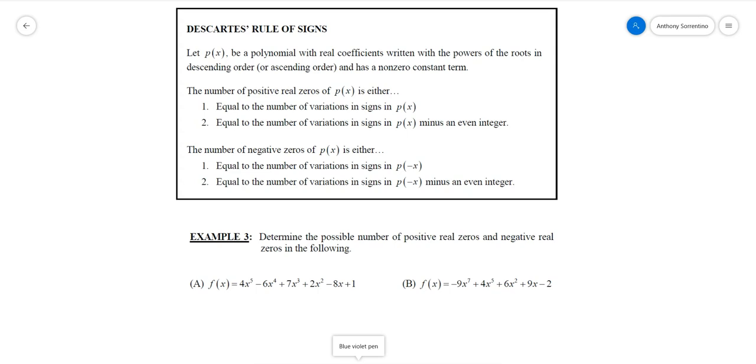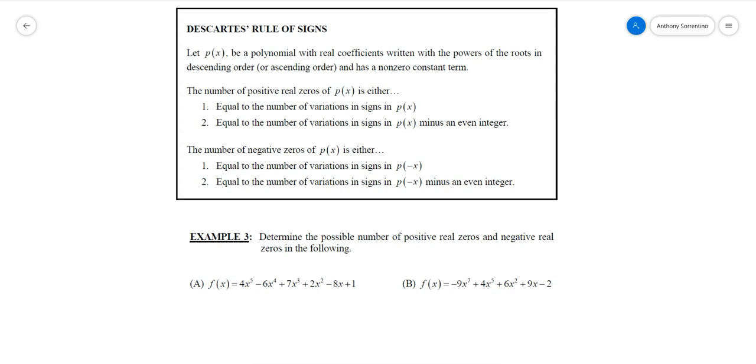Descartes' rule of signs deals with helping us determine how many positive real zeros and negative real zeros we could come up with. This helps us establish the real zeros so that we can say, okay, well, if we're getting this, then we can expect maybe some non-real zeros along the way.